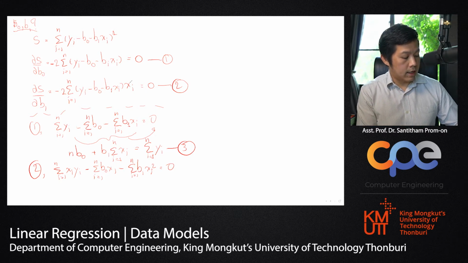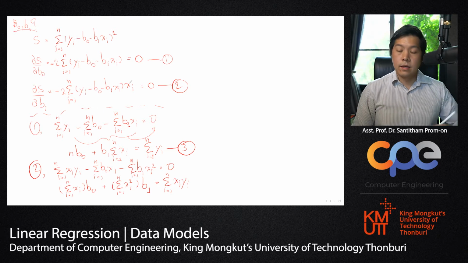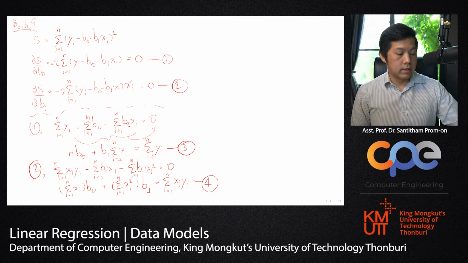I would have this as the summation of xi, i equal 1 to n, multiplied by b0, plus the summation of i equal 1 to n of xi square, multiplied with b1, and equal to the summation of i equal 1 to n of xi yi. This is the fourth equation.